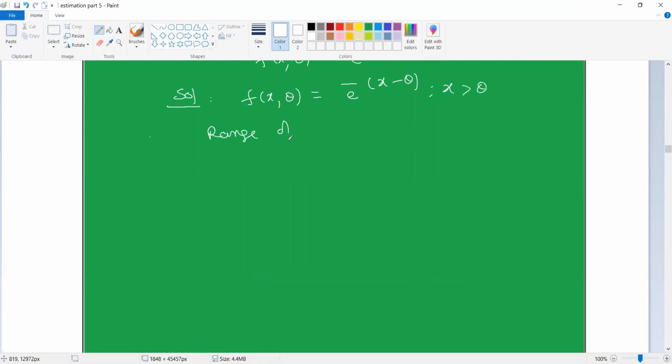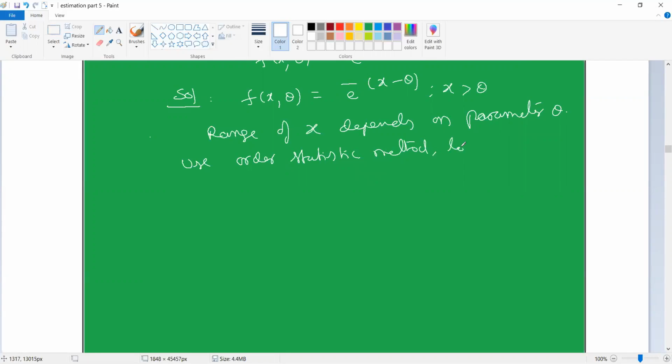The range of x depends on the parameter theta. Use the order statistic method to find the sufficient estimator for theta.